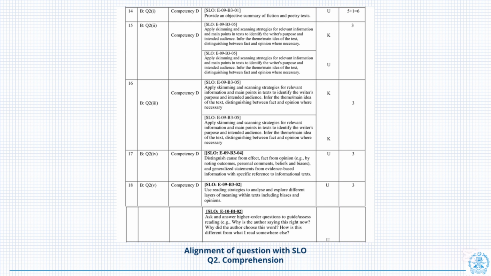This alignment ensures that questions are structured to evaluate a balanced mix of competencies, cognitive levels, and skills. It helps teachers design lessons that prepare students specifically for the skills and knowledge being tested. For students, it provides clarity on which area to focus on for achieving better performance.